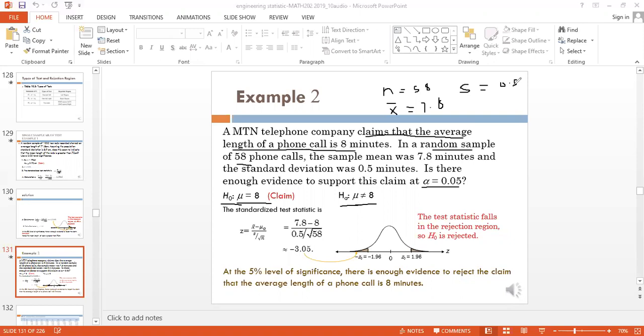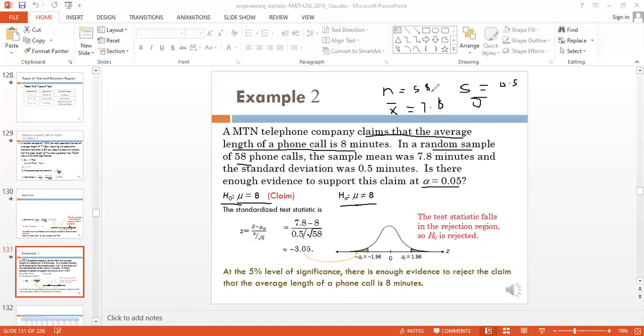Okay, good. So in this question, we can clearly see that the population standard deviation is unknown. And once it's unknown, like we said, there are two cases, so there is a question you have to ask yourself: whether the sample size is large, and large means it should be greater than 25.